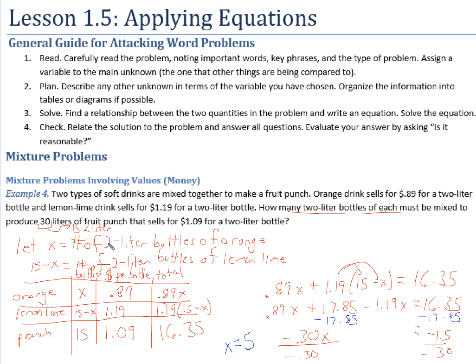Well, what did x stand for? That was the number of 2-liter bottles of orange. So 5 orange. Well, if we needed 15 altogether, 5 are orange, 10 have to be the lemon lime. And so there is solving a mixture problem. And that was a mixture problem using some money involved there.